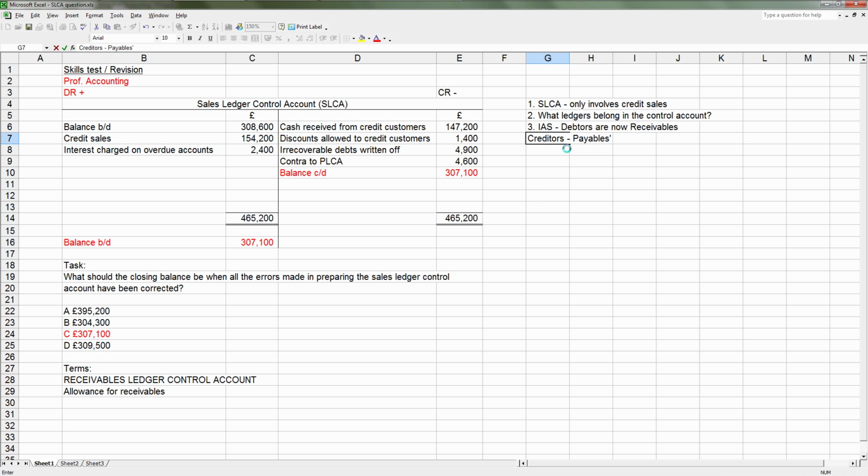It makes perfect sense which way around, but it's new terminology you must understand. The reason I tell you this is because the other title you could have had for this is receivables ledger control account. So just be mindful of that.